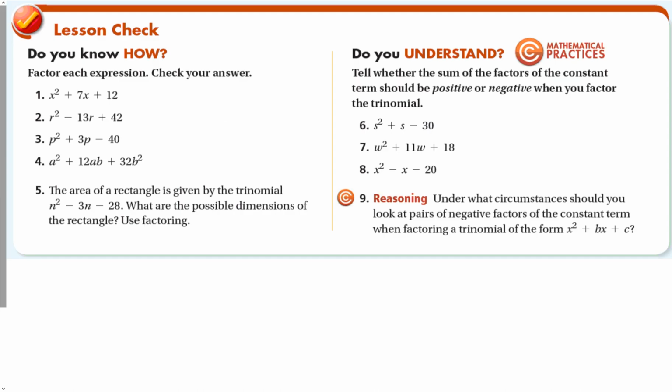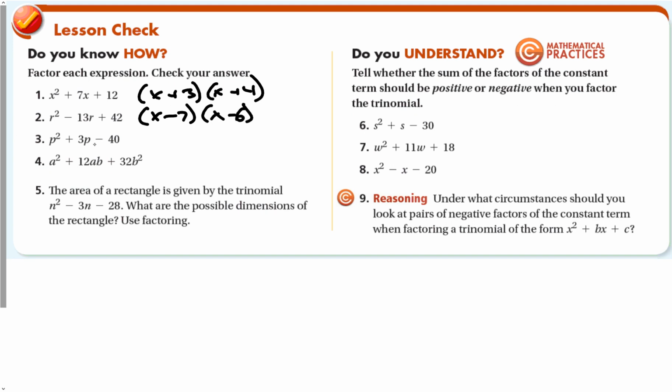Okay, so we should have gotten pretty good at these techniques now. Factors of 12 that add up to 7: 3 and 4. So it's x plus 3, x plus 4. Factors of 42 that add up to negative 13: 7 and 6. So it's x minus 7, x minus 6.